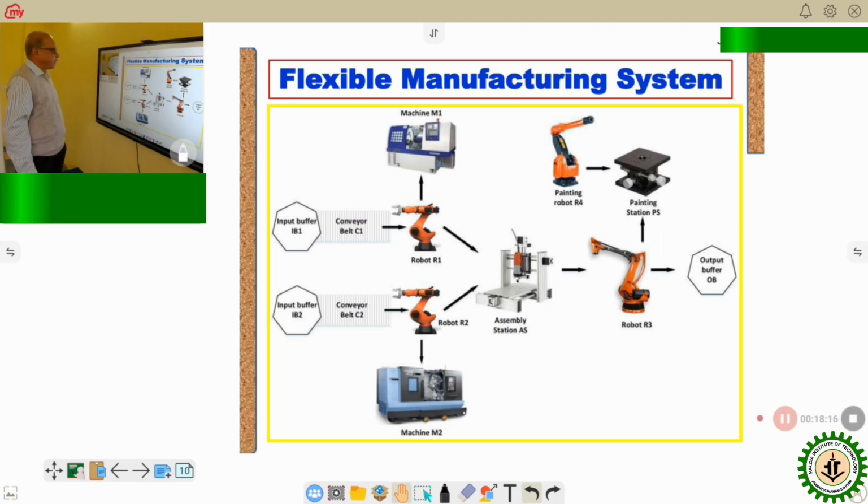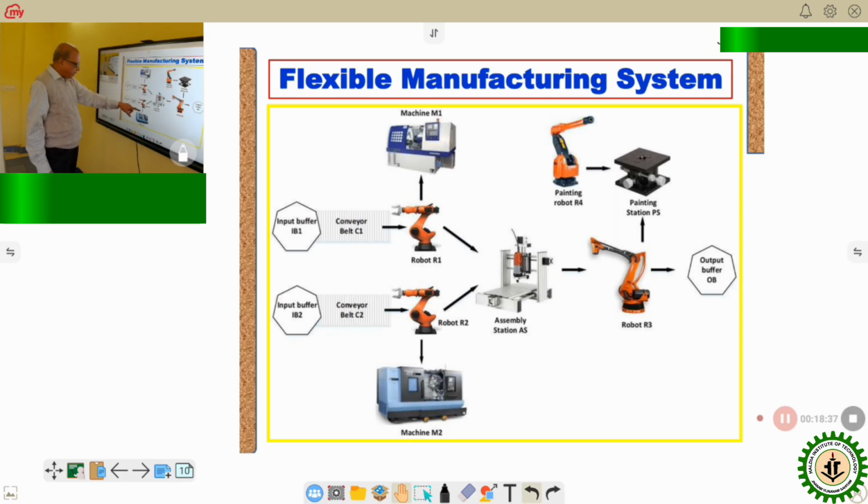Now this is a flexible manufacturing system. First identify how many workstations there are and how many robots are deployed: robot R1, robot R2, robot R3 and robot R4. These 4 robots are deployed in this particular FMS.